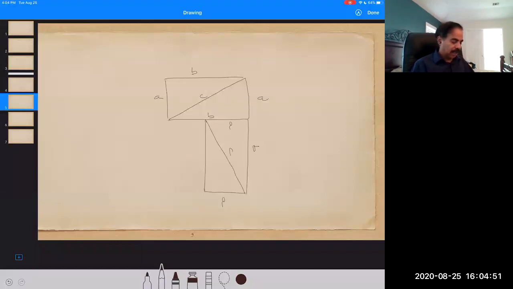Now we are going to put the B minus A piece.